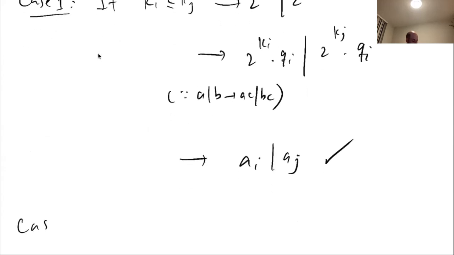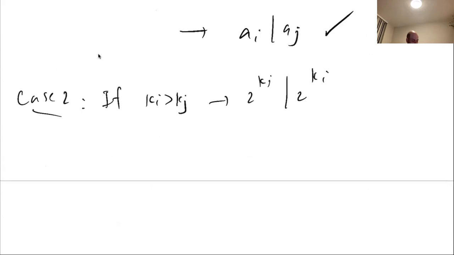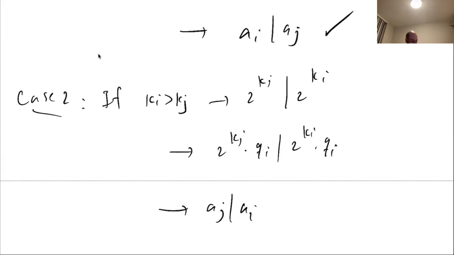And similarly in case two, if Ki is bigger than Kj, then I can say that 2 to the power Kj divides 2 to the power Ki, right? 2 to the smaller power will divide 2 to the bigger power. And then this means 2 to the power Kj times Qi divides 2 to the power Ki times Qi. And this means Aj divides Ai.